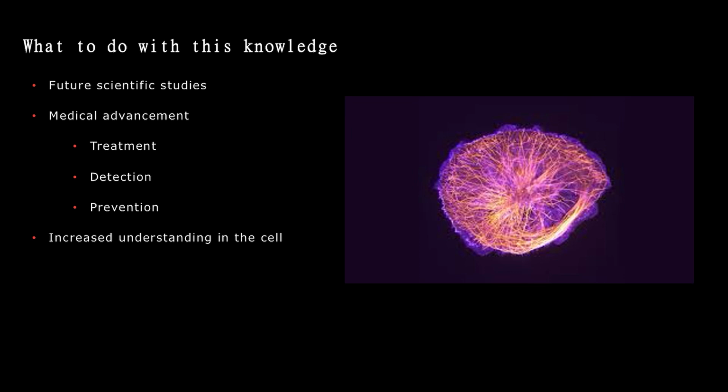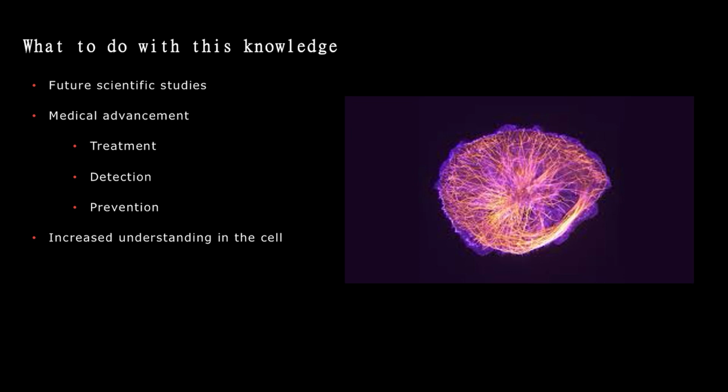So what do we do with this knowledge? I say the great thing about science is it's always moving. Let's continue to do these scientific studies. Let's look more into the cell. You can see on the right here is a fluorescent dyeing or fluorescent view of the cytoskeleton, kind of showing what it looks like inside of a cell.